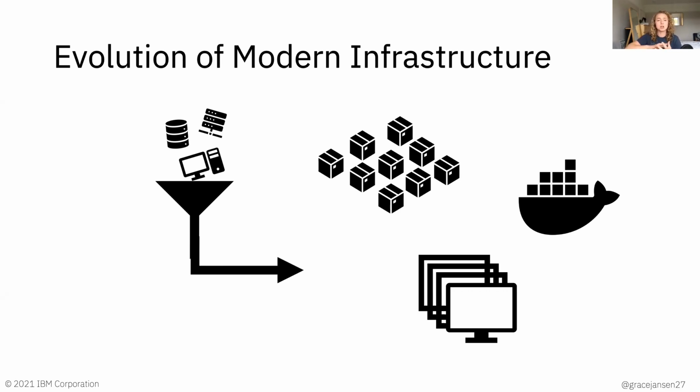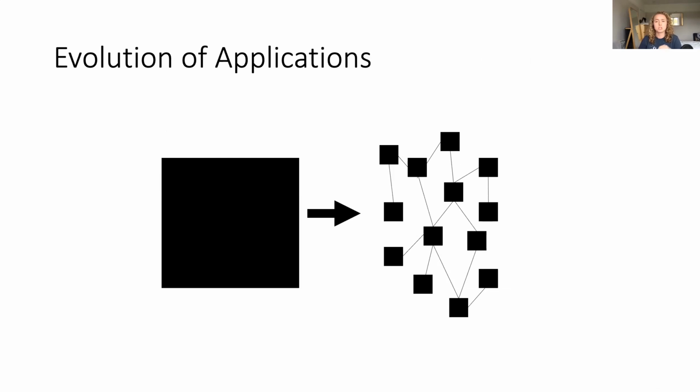And that's because as our infrastructure evolved, as we developed these different technologies, like virtualization, like containerization, and all of the underlying cloud infrastructure as well, we also evolved our applications. So we went from a more monolithic type of application, where all our code was bundled up into one often very large application, to breaking that down into either microservices or macroservices, or even as far as functions, depending on what stage you're at and what kind of application you're building.